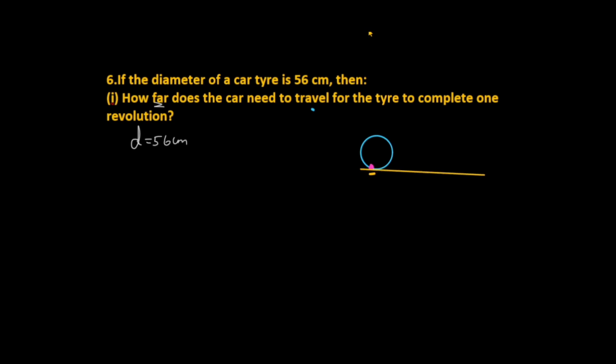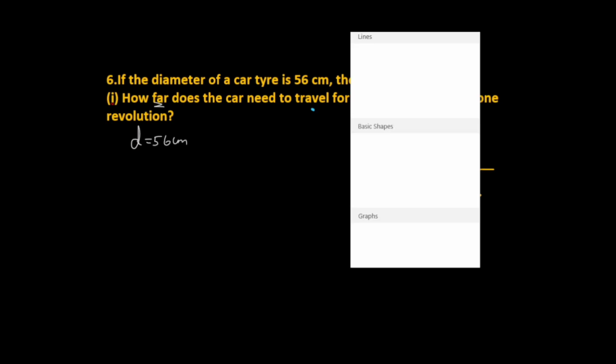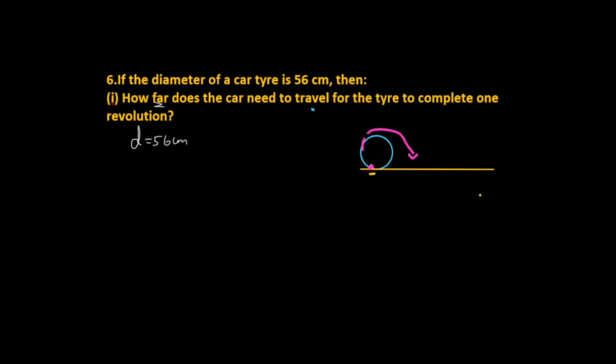Here, now this is the surface. Here the car is going to rotate, look at here, I kept the dot here. Now it is moving and after one movement, it is moving here and after one full movement, once again we are getting the circle here.